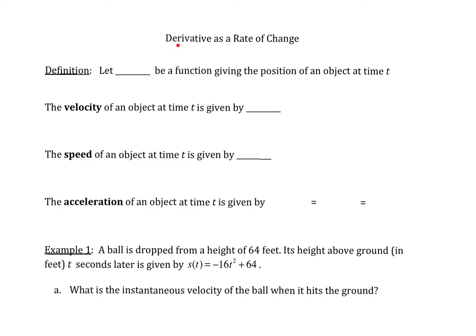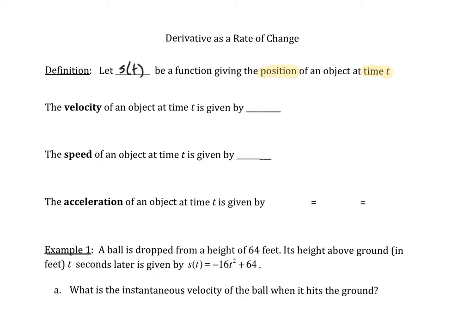Let's talk about the derivative as a rate of change. So we're going to let s of t be a function giving the position of an object at a particular time t.